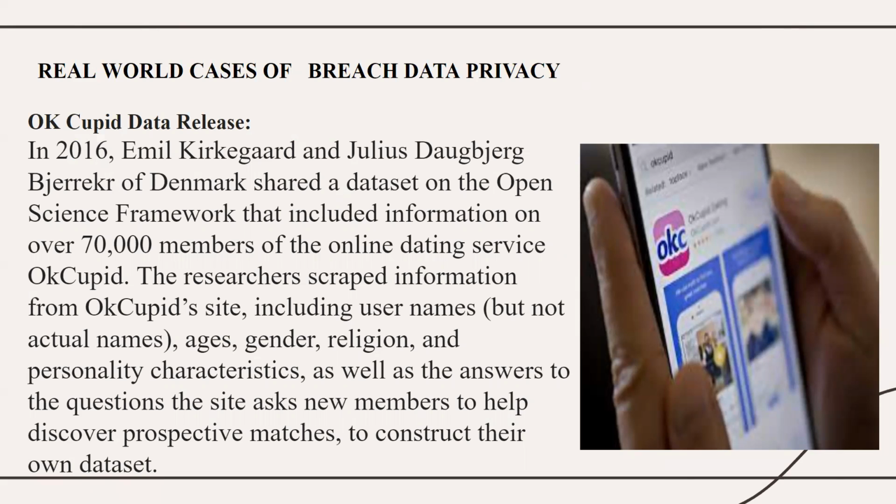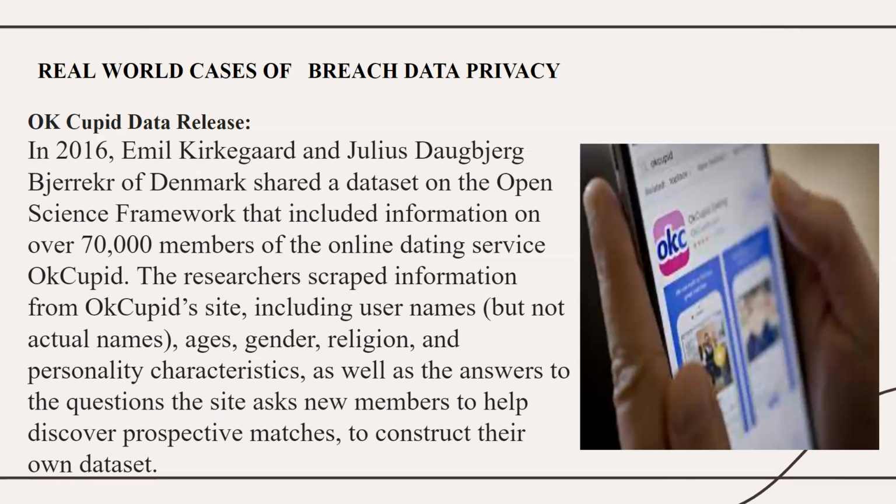Emil and Julius Kirkegaard of Denmark shared a data set on the Open Science Framework that included information on over 70,000 members of the online dating service OkCupid. Probably most of us might be using it, I don't know. But these two individuals shared data on over 70,000 members of that dating app.